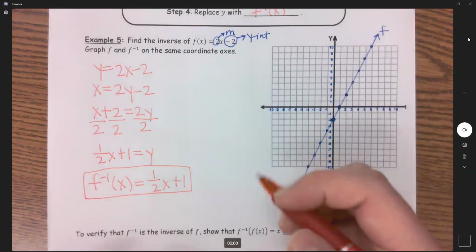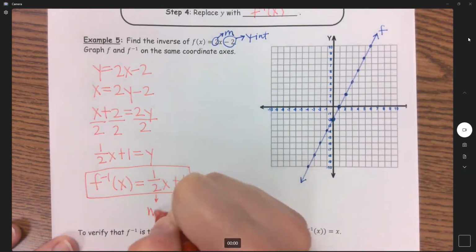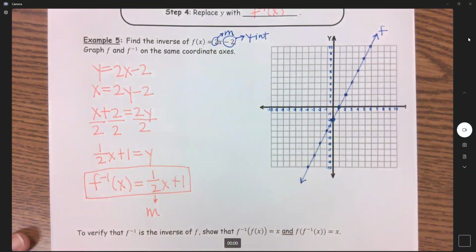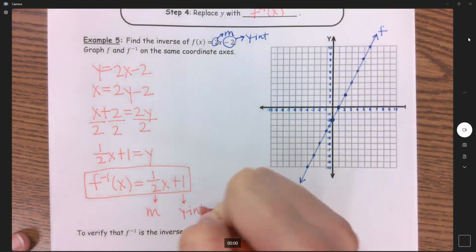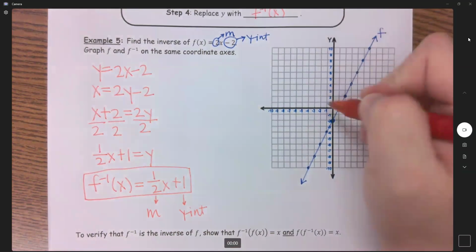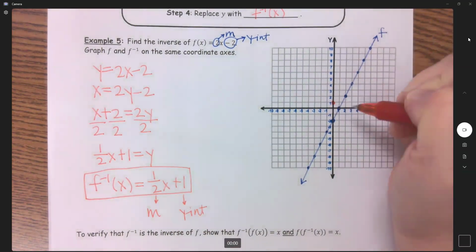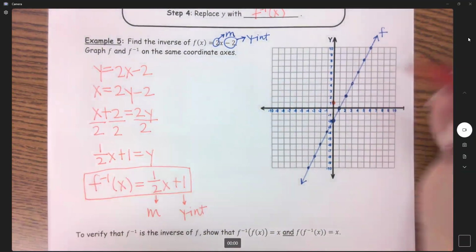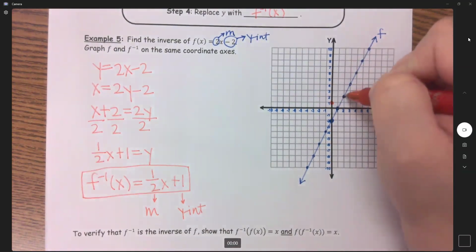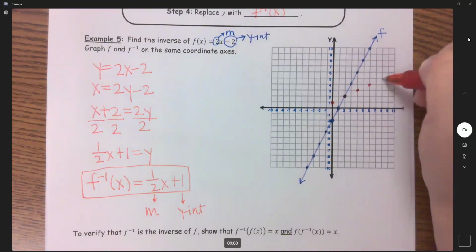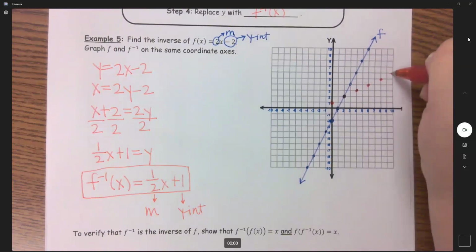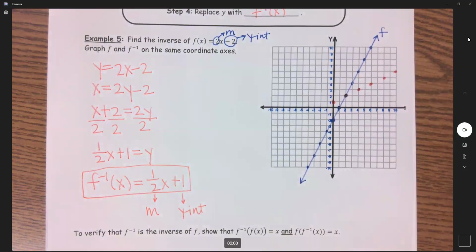Okay, with this, my slope is 1/2 and my y-intercept is 1. So I'm going to start at 1 and I'm going to rise 1, run 2, positive direction. Now I want to go the opposite way.